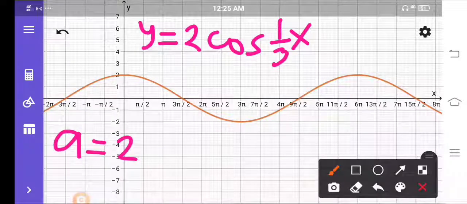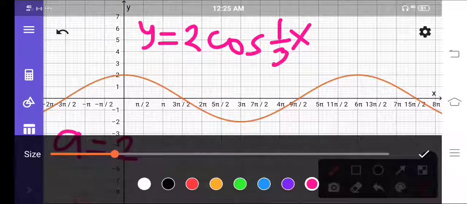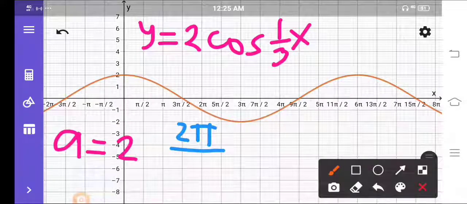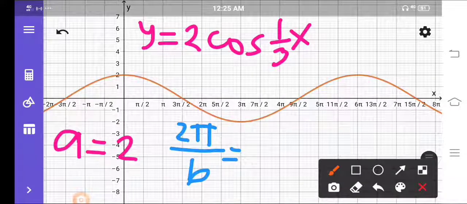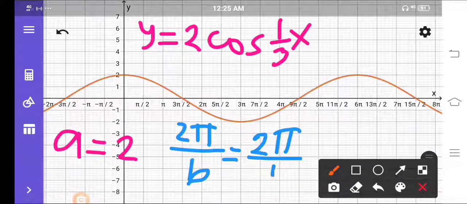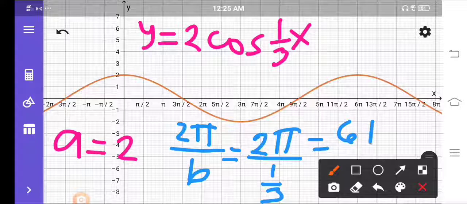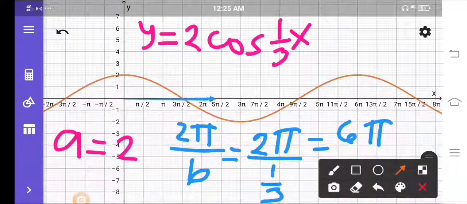In finding the period, we make use of 2 pi over b. Our b is 1 over 3. So we get 6 pi. So the period is 6 pi, from 0 to 6 pi.